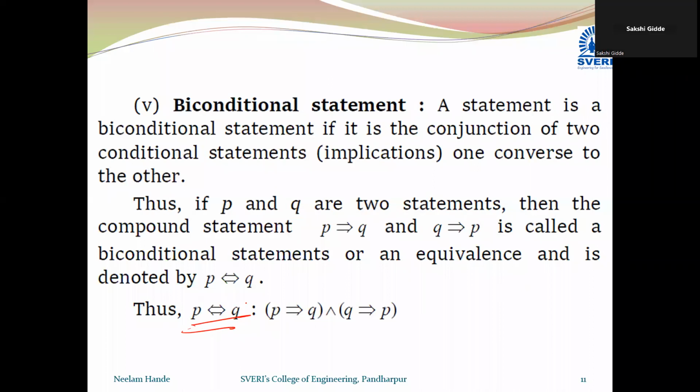This statement means P implies Q and Q implies P. Double implication means if P then Q and if Q then P. Write this also first. This is the meaning of double implication.